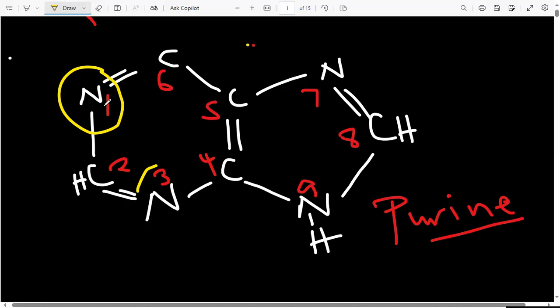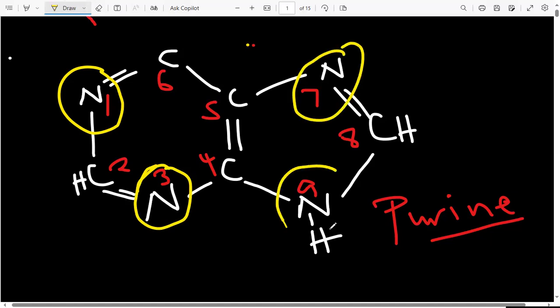We have nitrogen atoms at position 1, position 3, position 7, and position 9. This is the fundamental thing that you must know. You must know the positions of these, and then you can come up with it whenever you're asked to draw anything concerning these purines and pyrimidines.